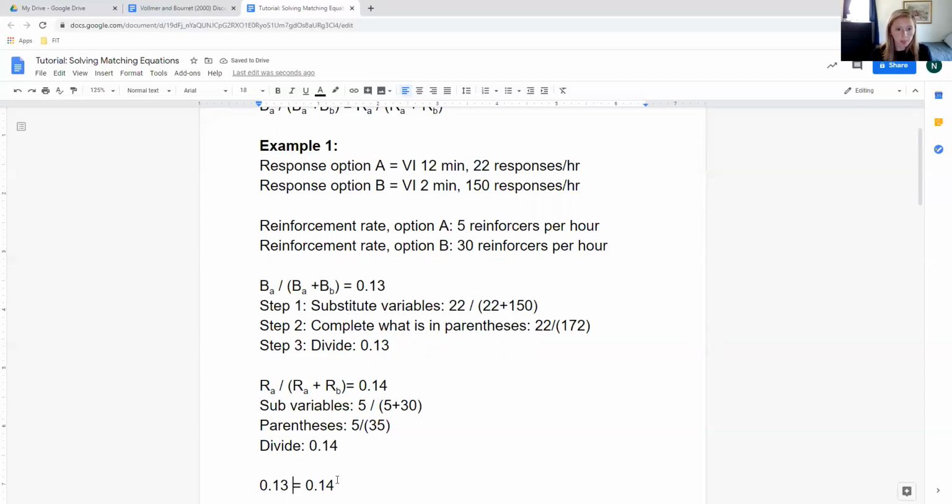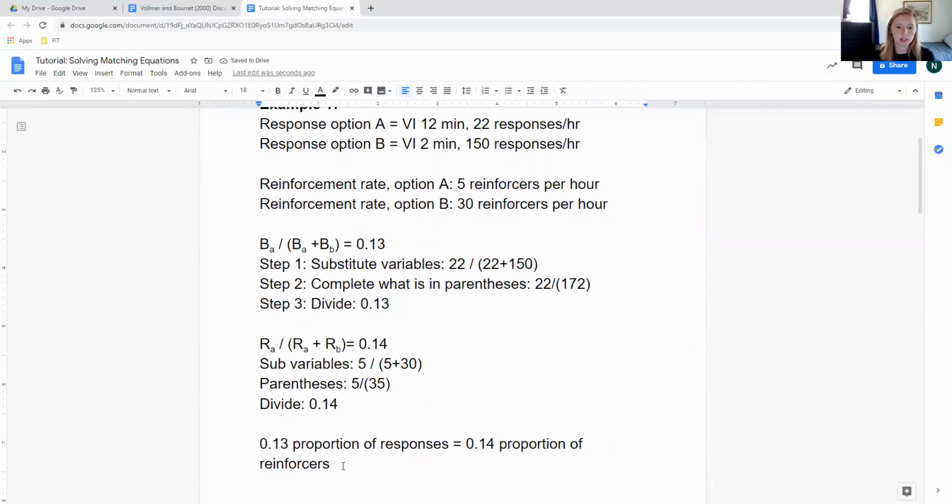The 0.13 would be the proportion of responses, and 0.14 would be the proportion of reinforcers that schedule would earn us. So we have almost perfect matching there. Good to go.